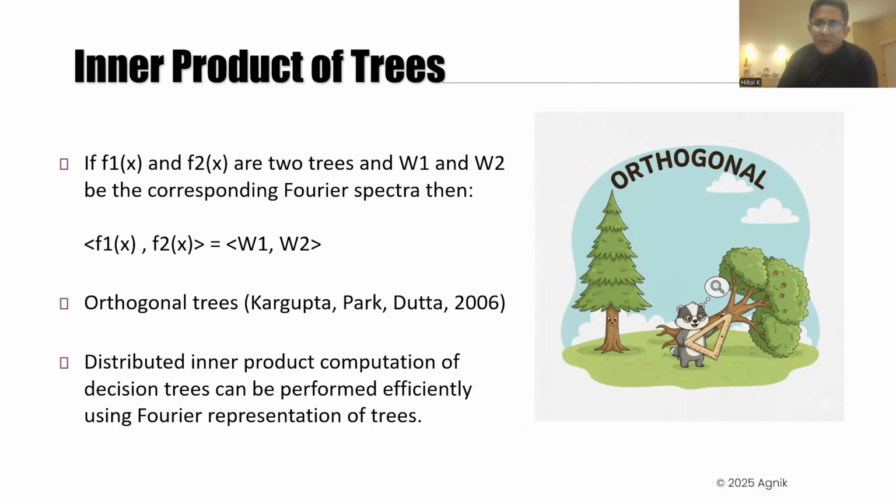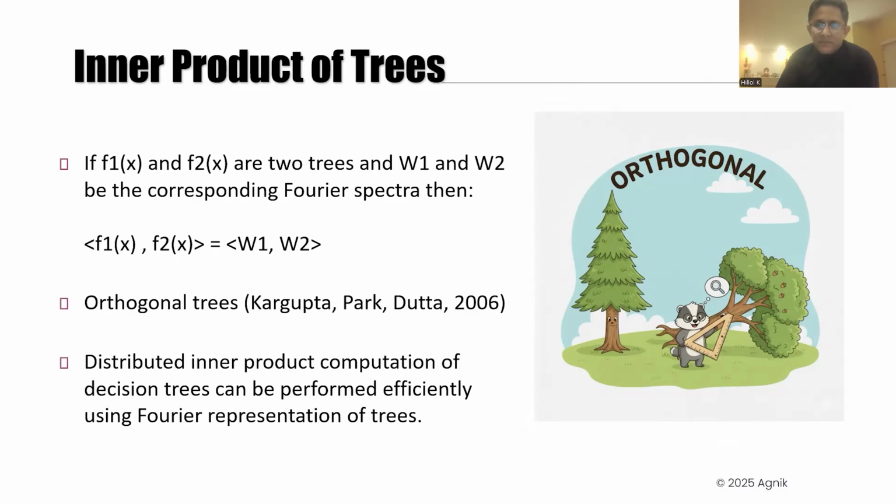You can also go back and forth from the tree to the Fourier representation, and from the Fourier representation to the tree. Since the eigenvectors are essentially linear combinations of these columns of Fourier coefficients, each representing a tree, the eigenvector itself is a Fourier spectrum, and from there you can also compute the tree.